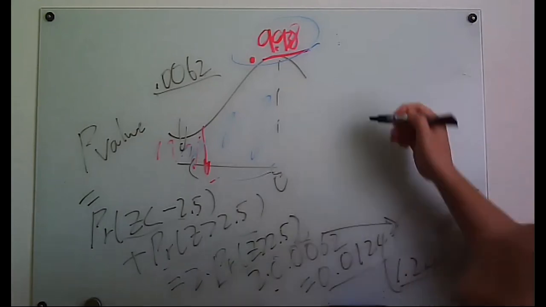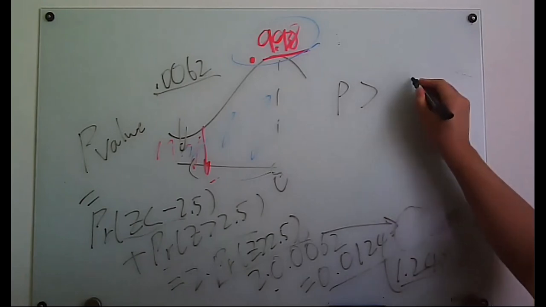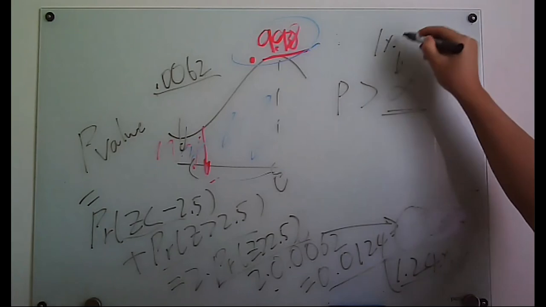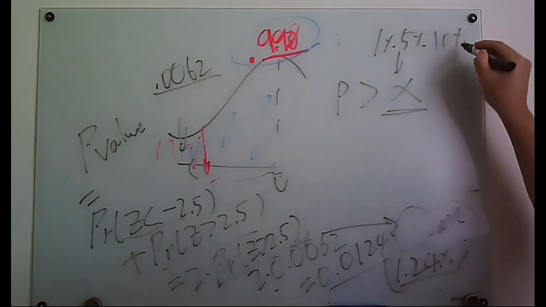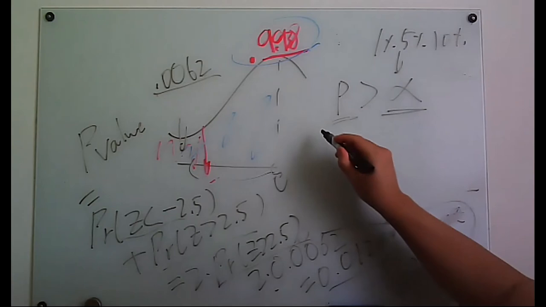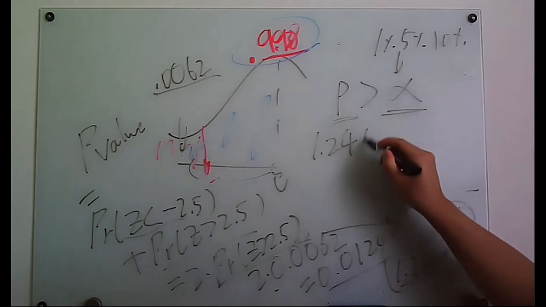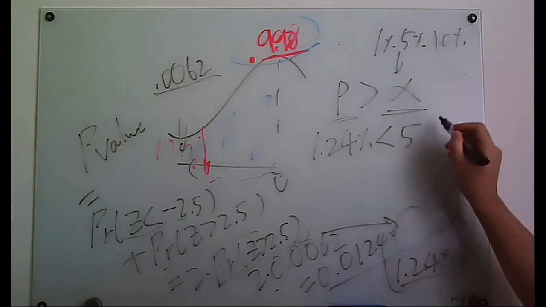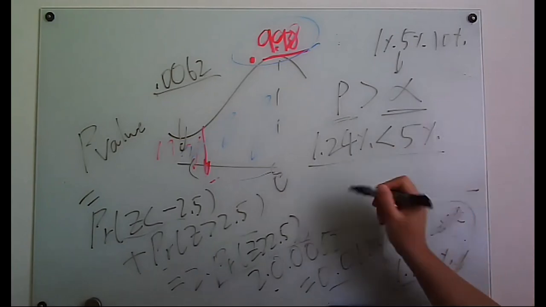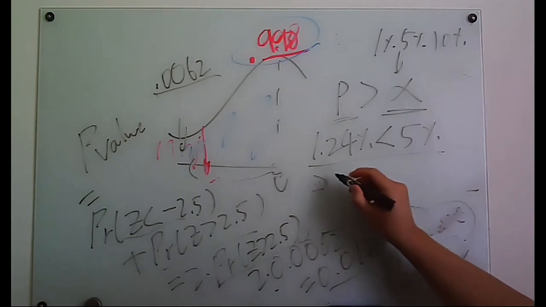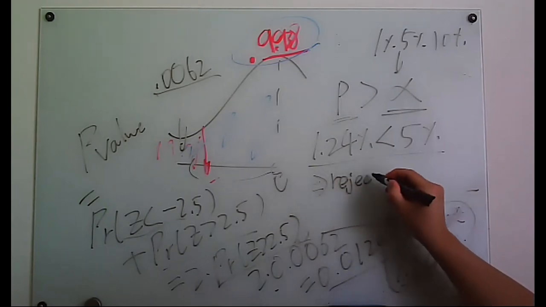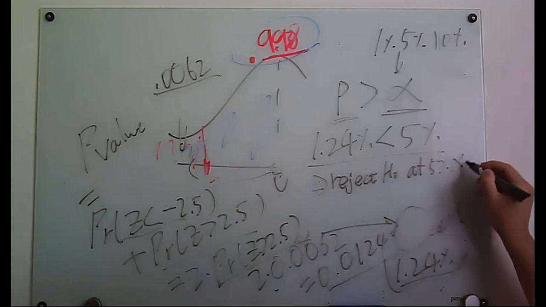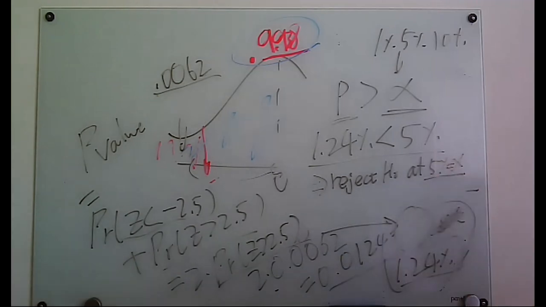If our p-value is greater than alpha, whatever threshold we are setting, usually 1%, 5% or 10%. This one is 1.24%, right? So it's less than 5%. So your conclusion would be you reject the null hypothesis at the 5% level, or alpha equal 5% level. So that is your conclusion.